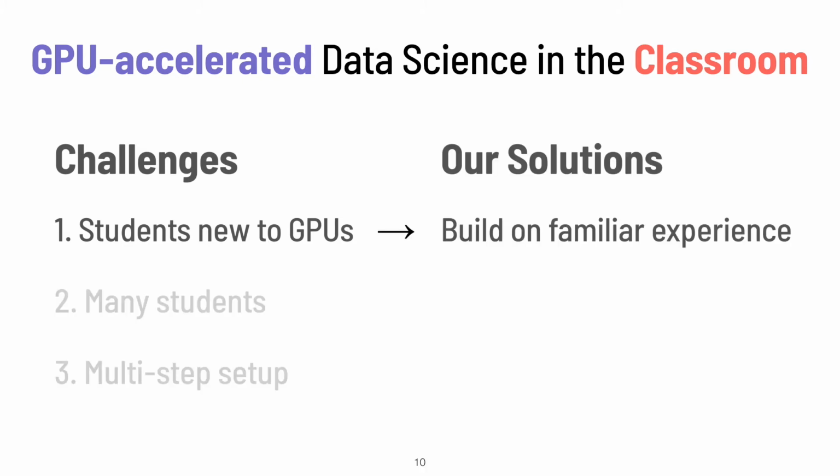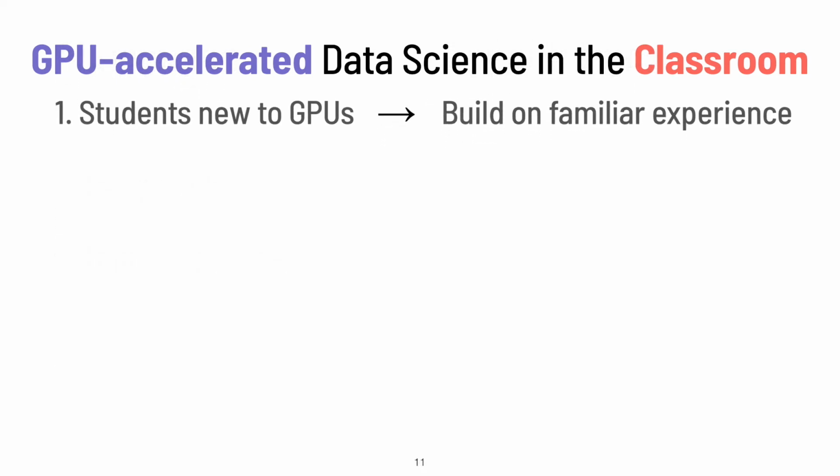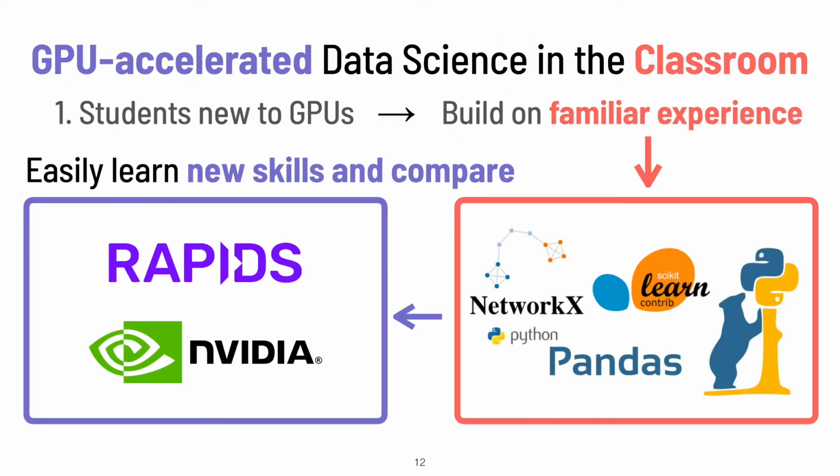To address the first challenge of students being new to GPUs, we help them learn by building on experiences that are already familiar to them. Specifically, we observed that many students were already very familiar with popular Python libraries such as NetworkX, Scikit-learn, and Pandas.